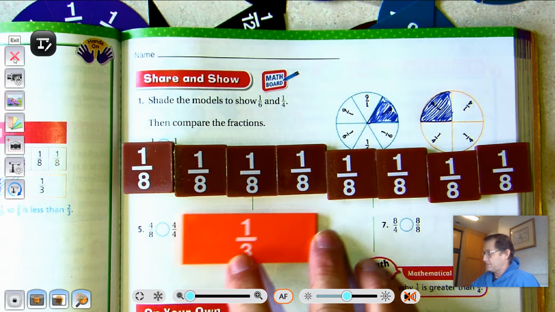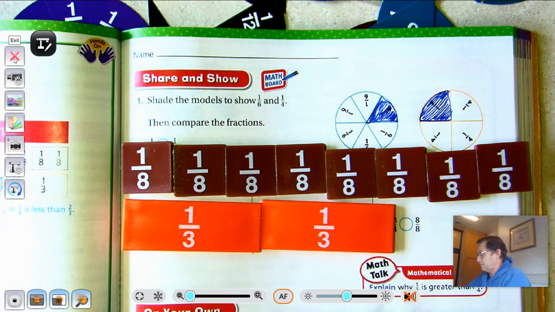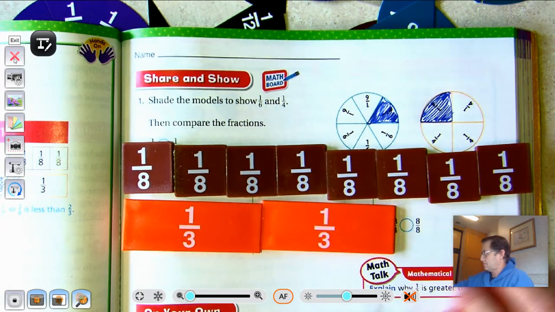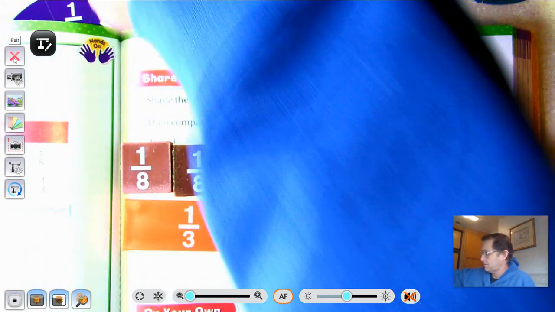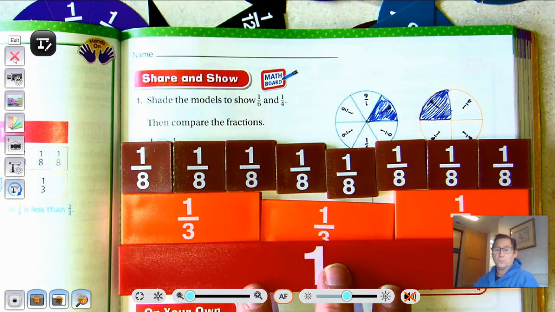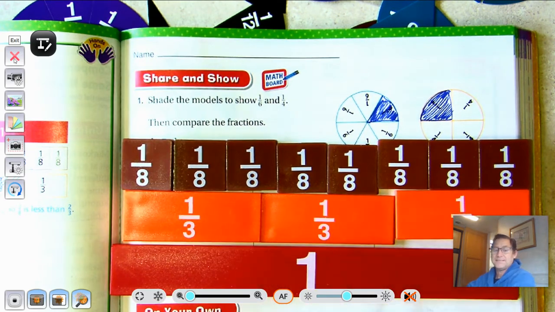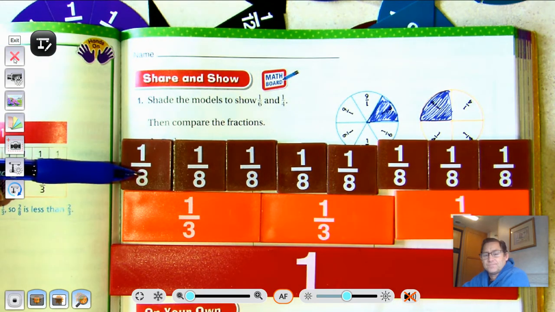Okay, and it's going to take 3 1/3 pieces to equal 1 whole. Okay, so which one has smaller pieces? Well, the one with 8, right?